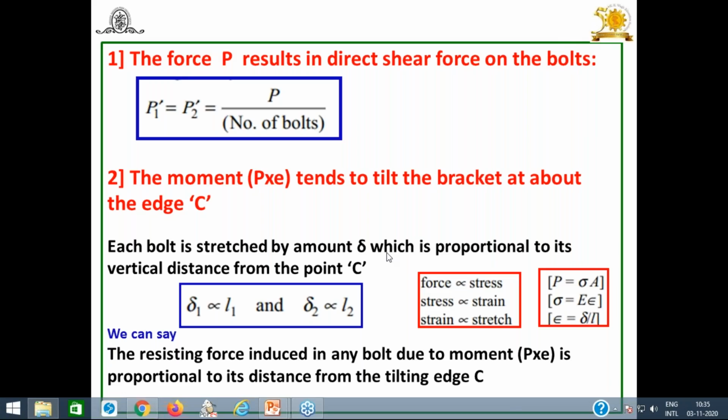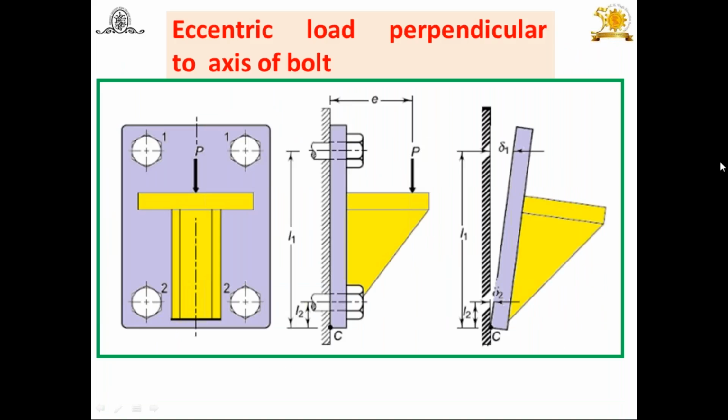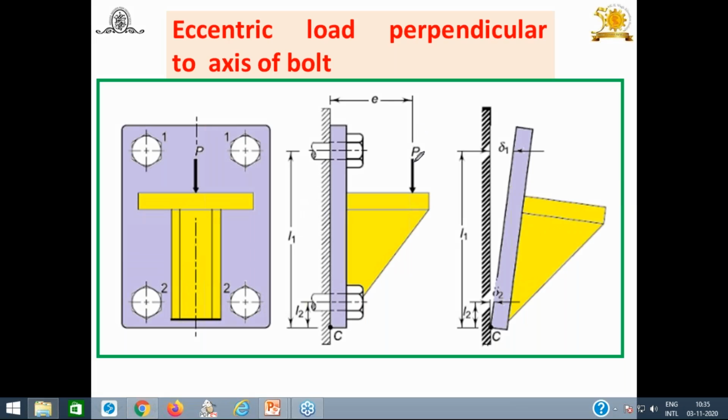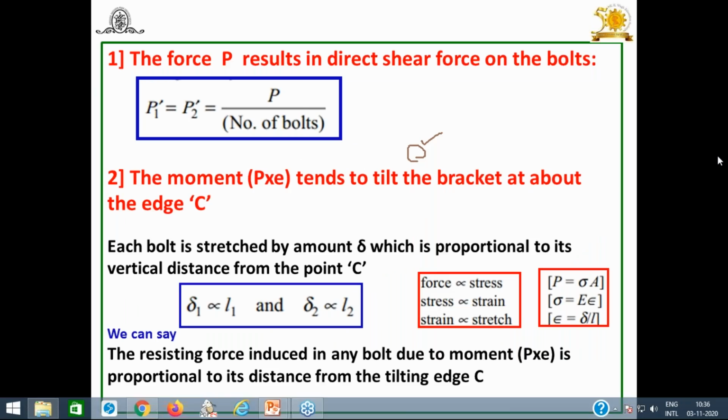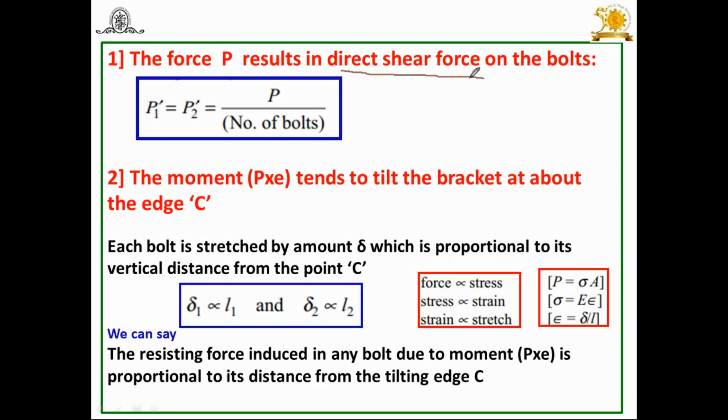Now let us start the analysis, how to solve such a type of problem and find out the required bolt size. In the first one, as discussed earlier, when it is subjected to P, the force which is acting here directly, because of this force P it results in direct shear force, so direct shear stresses are going to be induced.